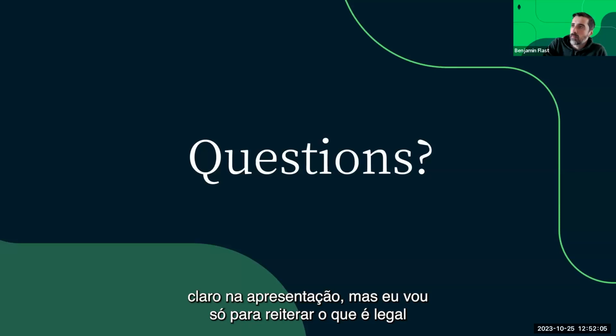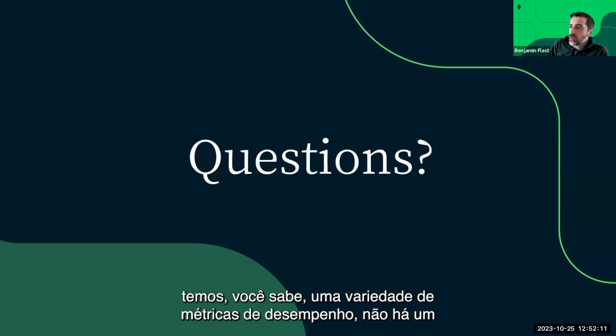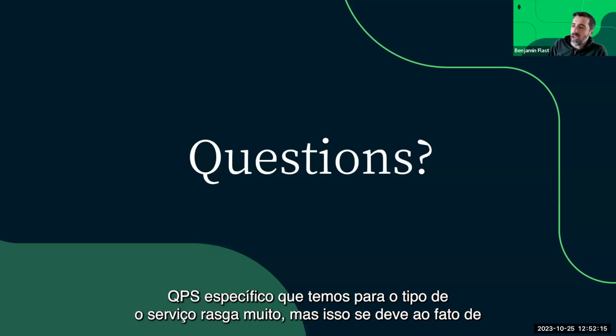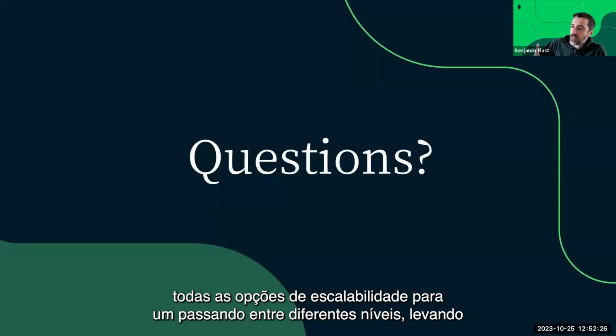Cool. So Rajiv, do we have performance metrics, like how many queries per second are supported? We do have a variety of performance metrics. There's not a specific QPS that we have for the service writ large, but that's because you're able to scale and change your service inside of Atlas with all of the options around scalability.